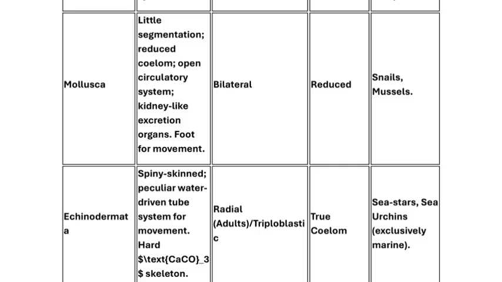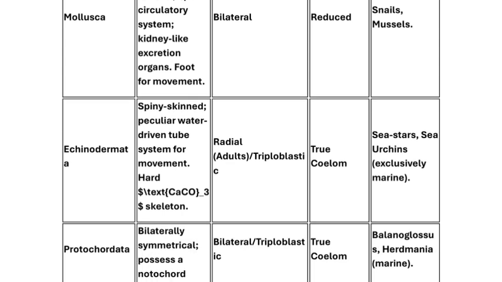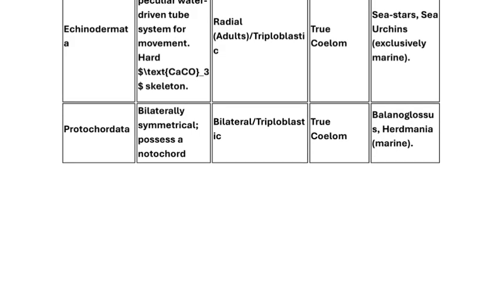Examples: snails, mussels. Echinodermata: spiny skinned, radial symmetry in adults, triploblastic, true coelom, water-driven tube system for movement, hard calcium carbonate skeleton. Sea stars, sea urchins, exclusively marine.